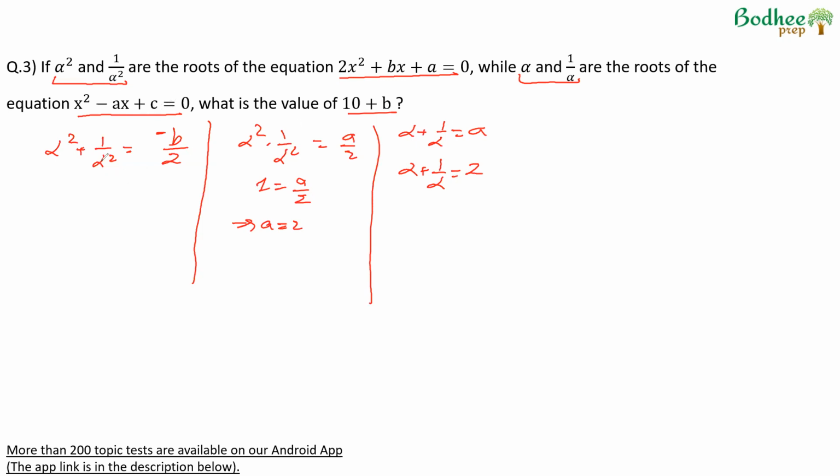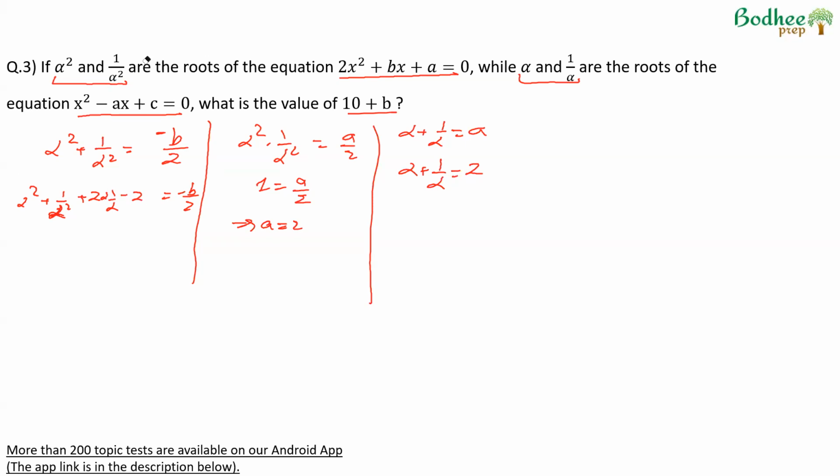Next, c. Do we need c? I don't think so. So from here we can write alpha square plus 1 by alpha square as, I can add and subtract 2 from here, plus 2 minus 2, and after 2 I can write alpha into 1 by alpha. The value will not change.